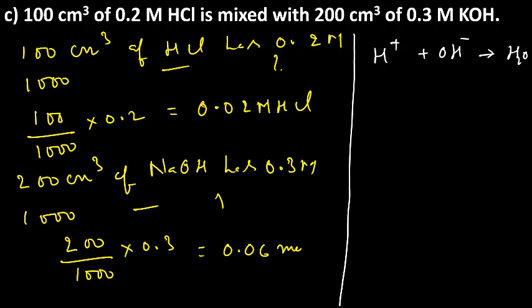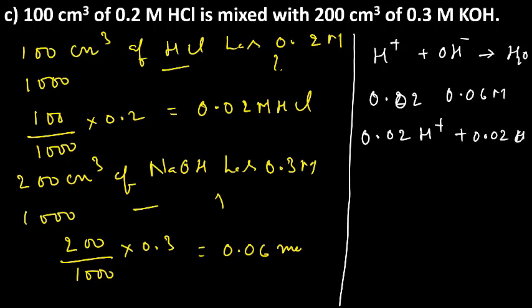But here, how many moles are present? This is 0.02 mole of HCl and 0.06 mole of NaOH. Therefore, this is 0.02 H plus and 0.02 OH minus, because only 0.02 mole of H plus is there, the same amount of OH minus also combines with it, therefore we get water formed equal to 0.02 mole.